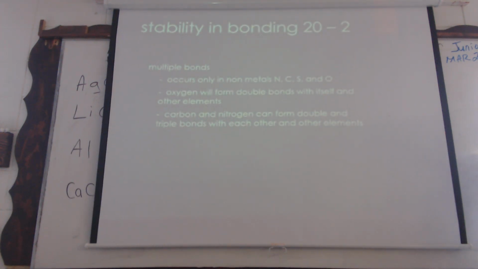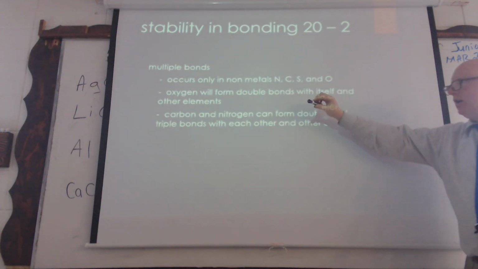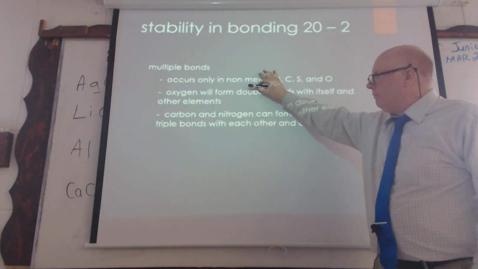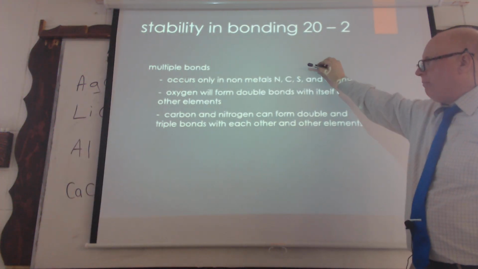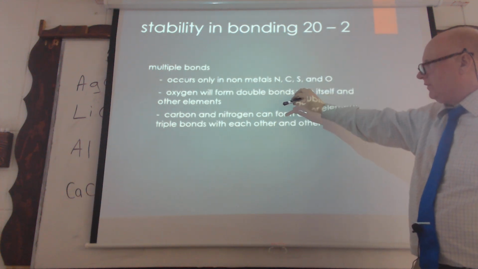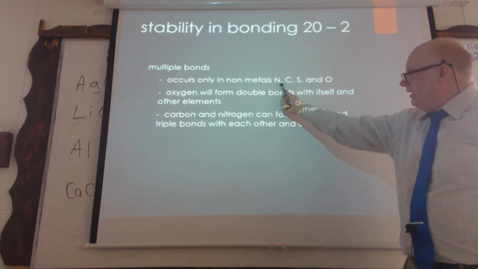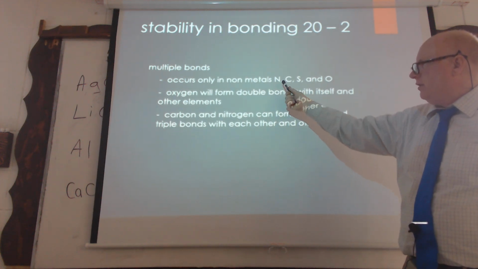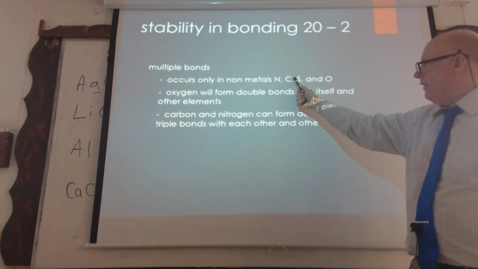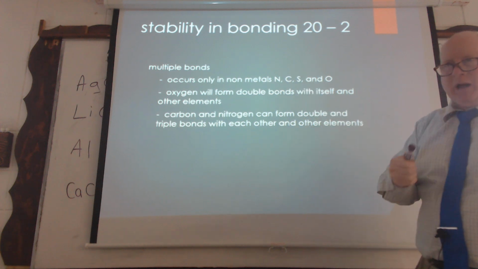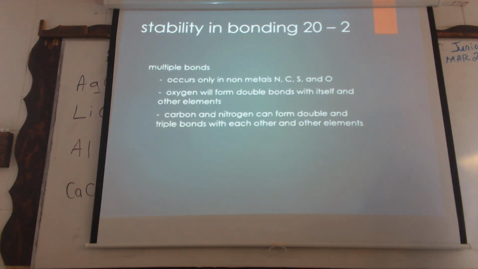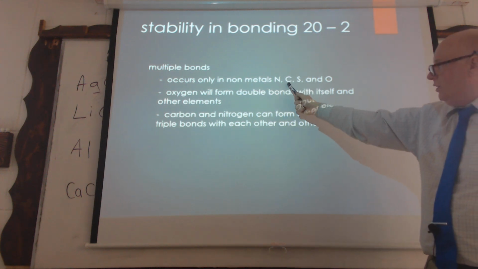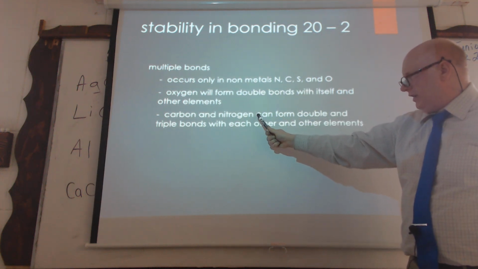So not each and every element on the table is going to form a single bond. Multiple bonds can also form, okay? So these elements can do double bonds, and we've illustrated that very briefly, and there's probably some examples like that on your paper. And it is these two that can also do triple bonds.